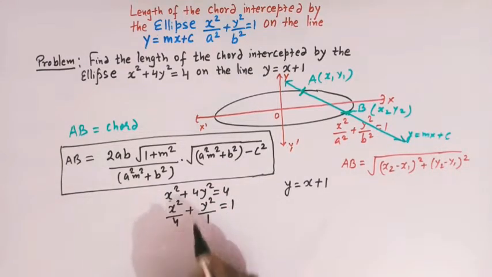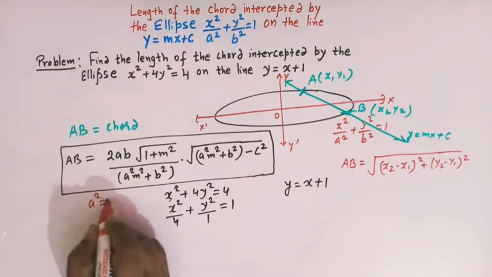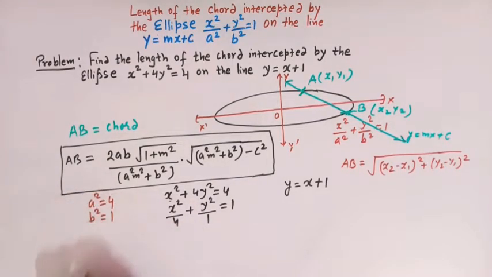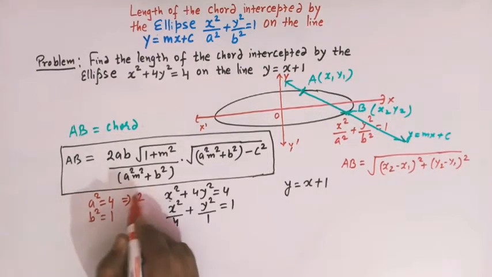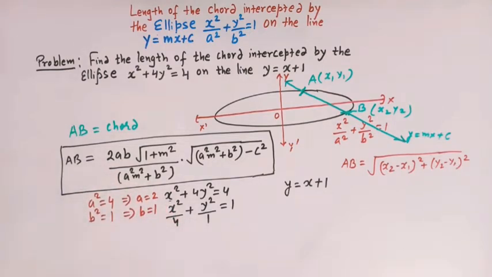Comparing, a square is equal to 4 and b square is equal to 1, so the value of a is 2 and the value of b is 1.